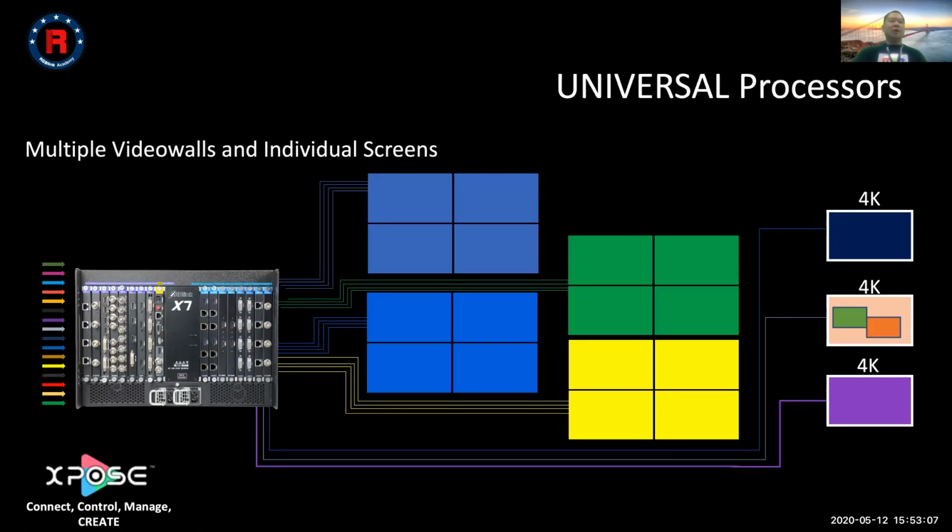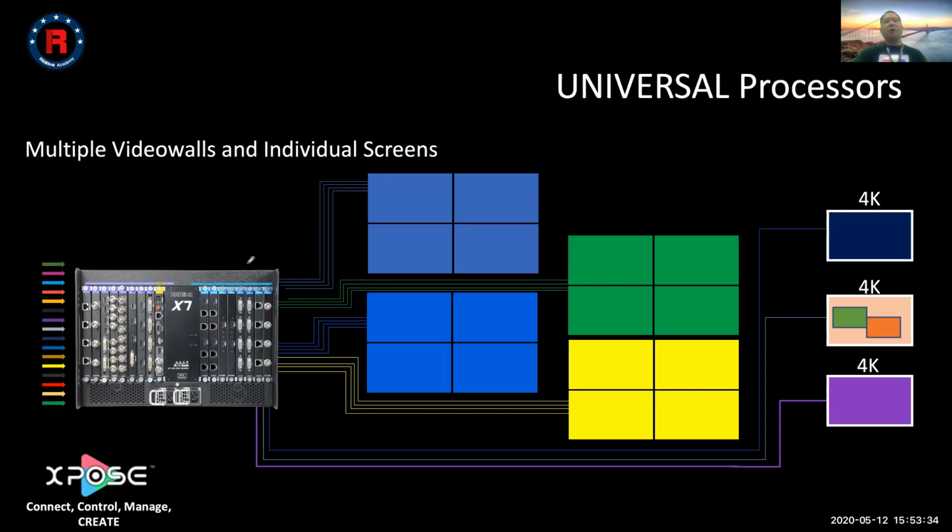The S7 supports a maximum of 8 output modules. Take the example where each output is a 4K module, and each module has 2 HDMI 2.0 outputs. Together that is 16 4K outputs.